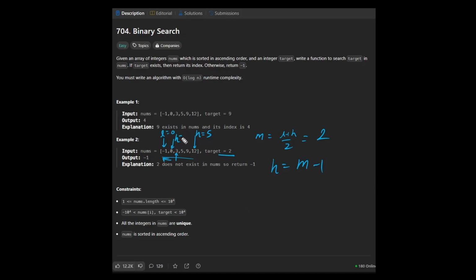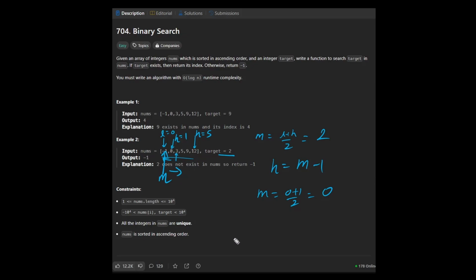Now we have high at 1, low at 0. We need to find the middle. So the middle would be 0 plus 1 divided by 2, and that would be 0. So we have a middle at this point, which is -1. Is this equal to 2? No, it's not equal to 2. 2 should be after -1.